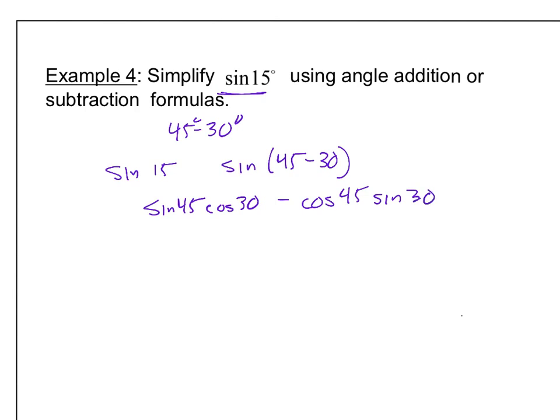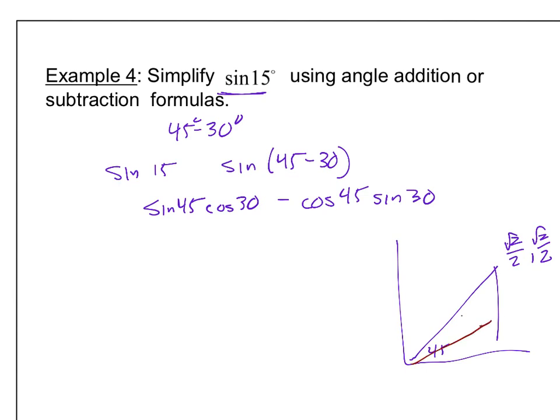And depending on what your memory of unit circle is, 45, remember, is going to be square root of 2 over 2, square root of 2 over 2. And then for 30, for pi over 6, remember that ends up being square root of 3 over 2 and 1/2.